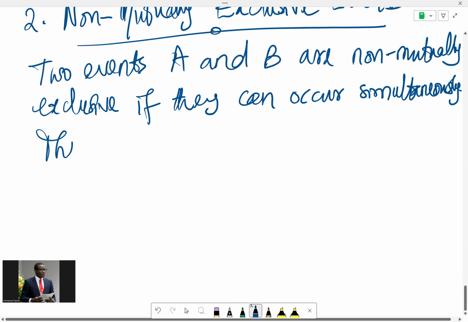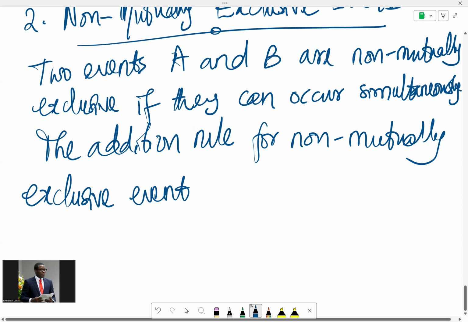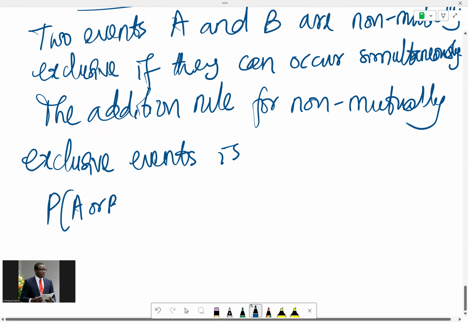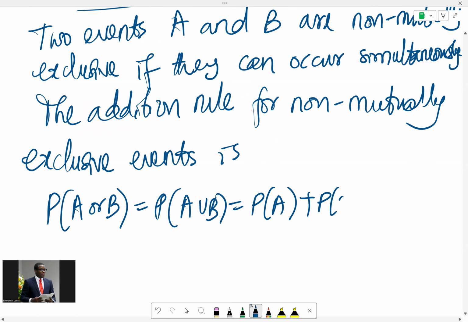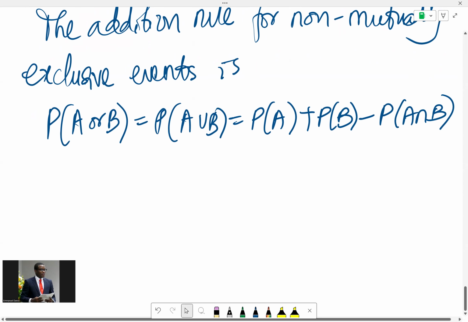So in that case, the addition rule for non-mutually exclusive events is probability A or B, either A or B, but because A and B have something in common, that's probability A union B, and that is equal to probability A plus probability B minus the intersection between them to remove that repetition.